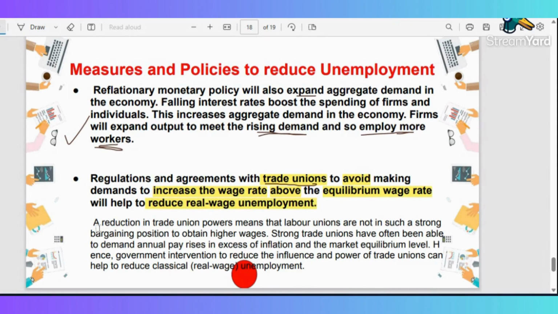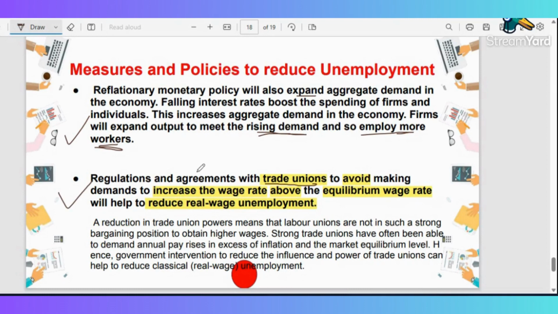Now, a reduction in trade union powers means that labor unions are not in such a strong bargaining position to obtain higher wages. Strong trade unions have often been able to demand annual pay rises in excess of inflation and the market equilibrium level. Hence, government intervention to reduce the influence and power of trade unions can help to reduce classical real wage unemployment.